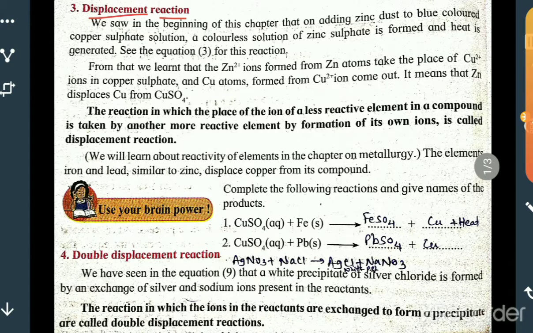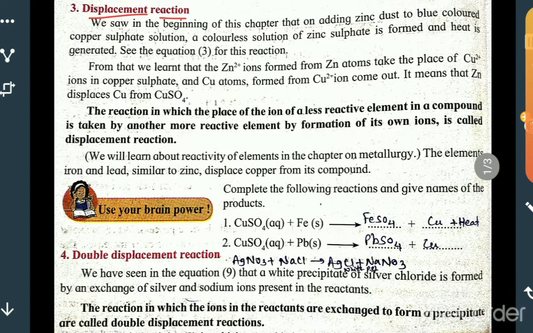From that we learnt that the zinc ions, that is Zn2+ ions formed from zinc atoms, take the place of copper ions, that is Cu2+ ions in copper sulfate, and copper atoms formed from Cu2+ ions come out. It means that zinc displaces copper from copper sulfate solution.